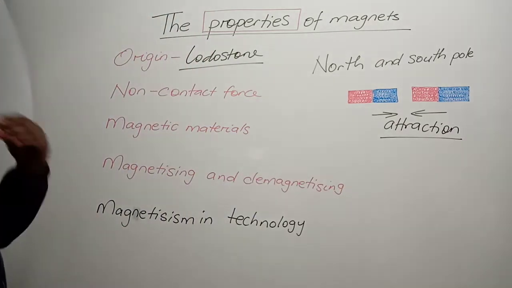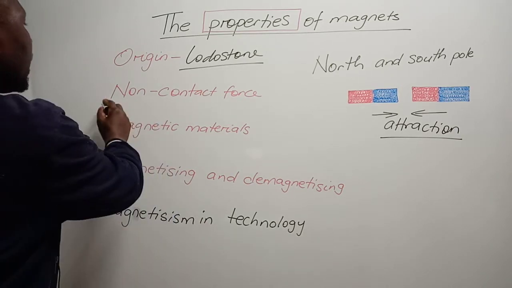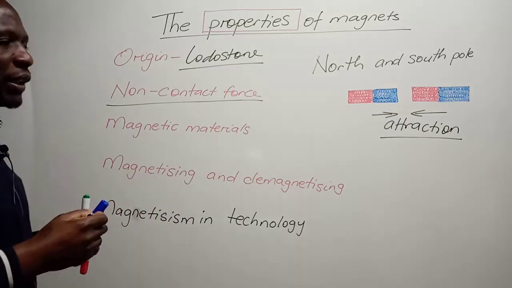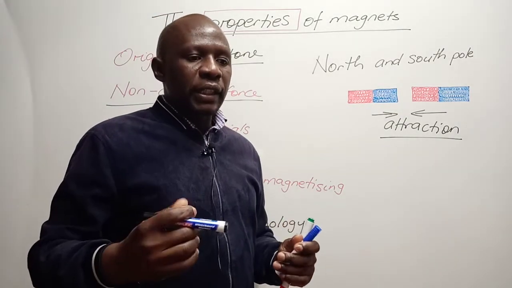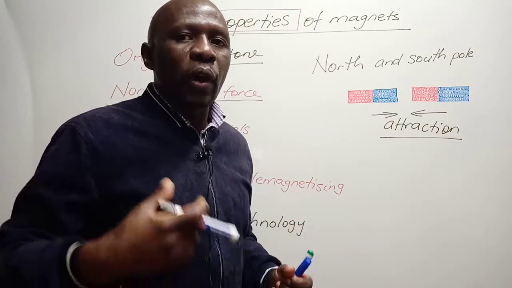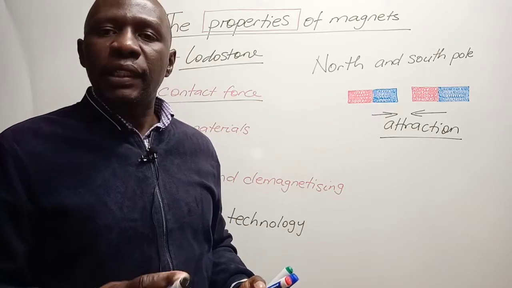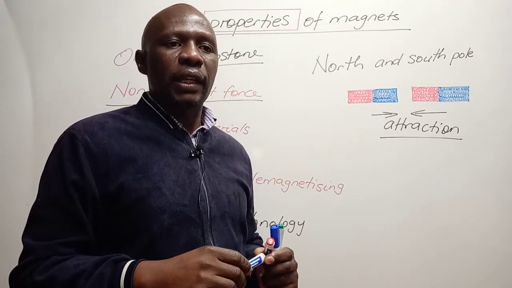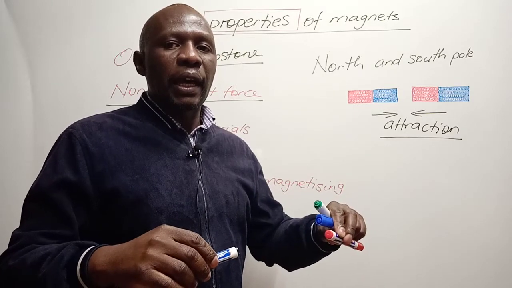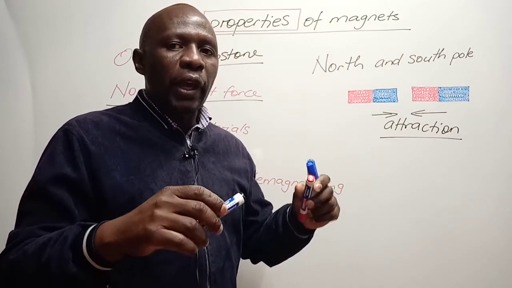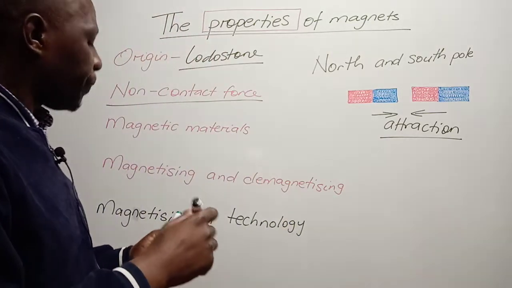Okay, now they say magnets are a non-contact force. What does it mean? It means that a magnet, for it to attract a magnetic material, doesn't need to be in contact with it, but the magnetic material rather needs to enter into the magnetic field and then it gets attracted.